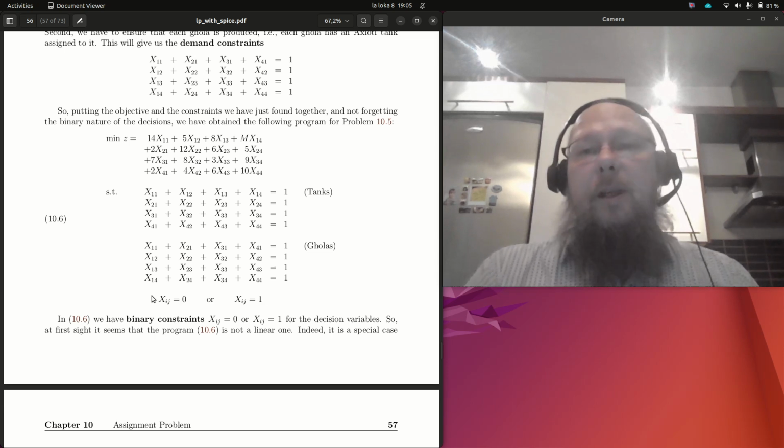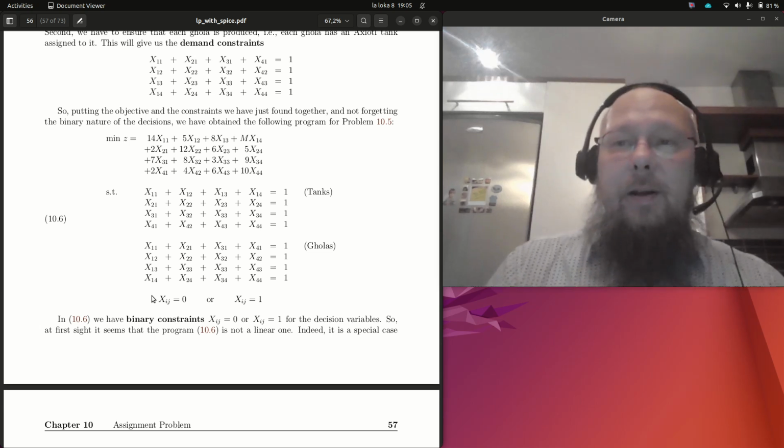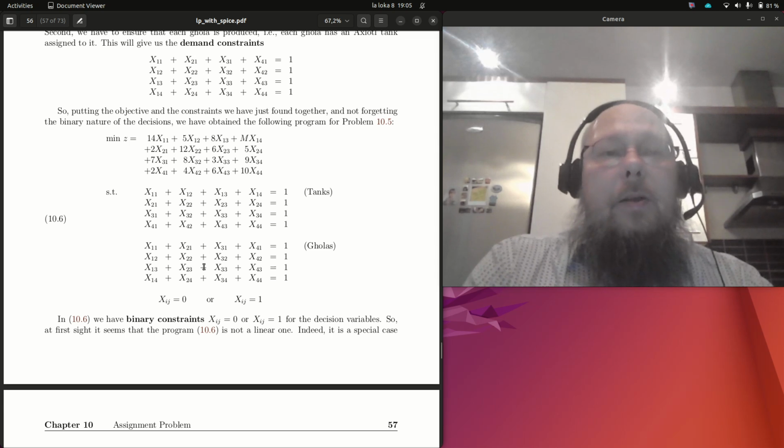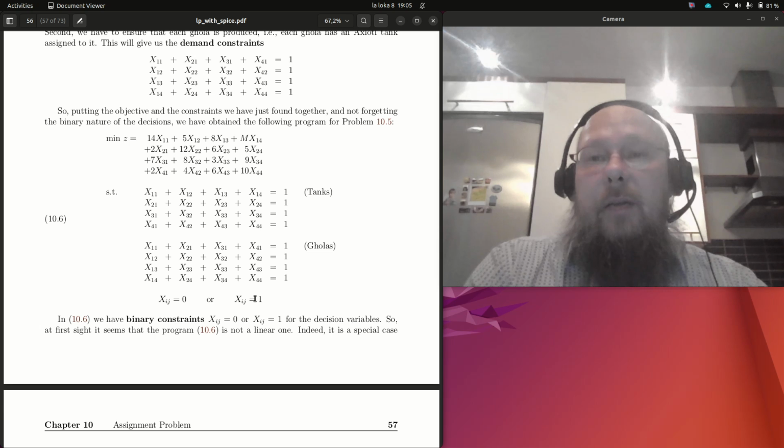And now a piece of mathematical theory. I'm not going to prove anything, I will just state a fact. The structure of this problem is such that if I relax these conditions, I assume not that they are zeros or ones, but just non-negative, I assume less.